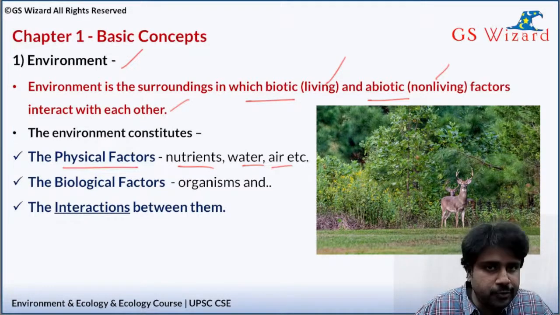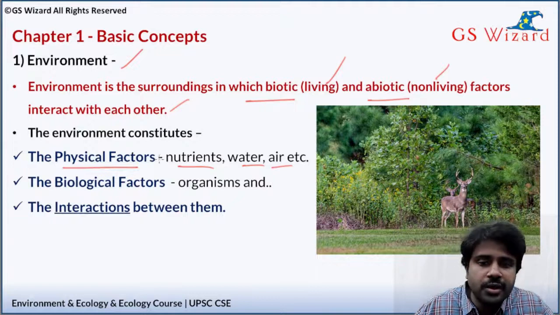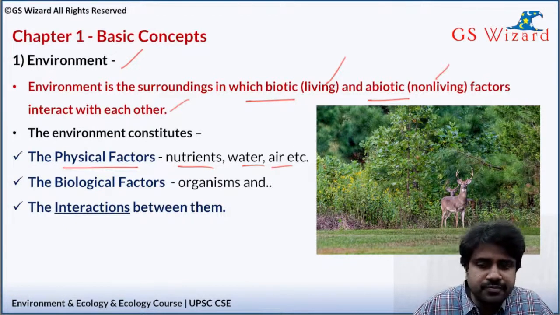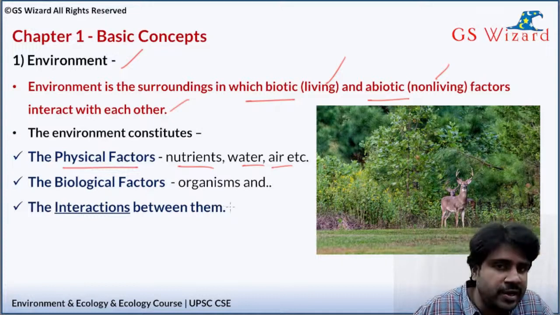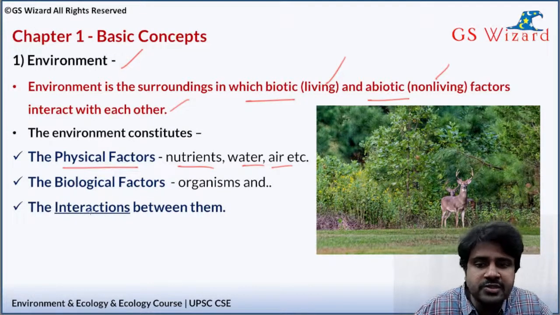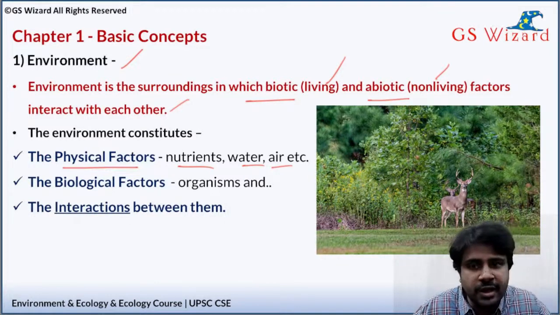That is the meaning of nutrients. So, nutrients, water, air, and all the other non-living things. And next, you also have the biotic, that is nothing but the living organisms. And also, there is interaction between living organisms and non-living things. This entire system together is environment.